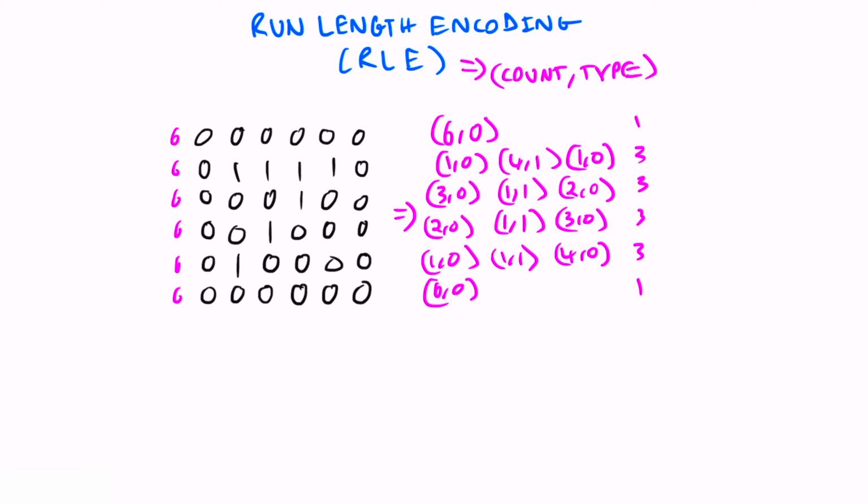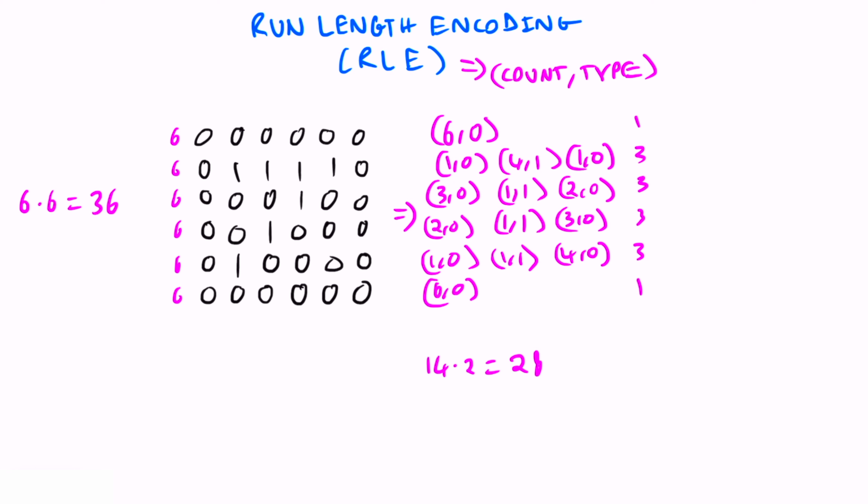So 3, 6, 9, 12, 14 pairs in total, and we have pairs, so we times by 2 to get the count and type. 14 times 2 is 28 data values, whereas before we had a 6 by 6 image, which was 36 data values. So we have reduced the size of our image.